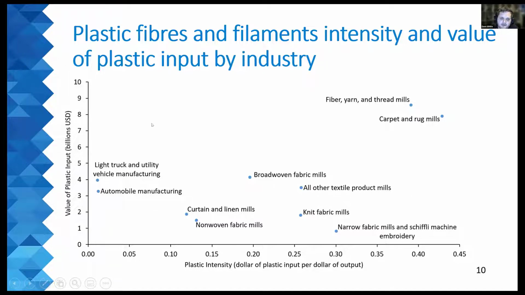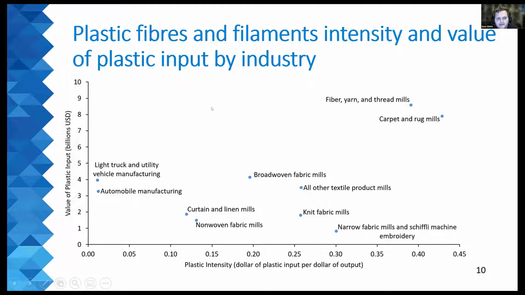This graph shows the 5 highest value of plastic input industries and the 5 highest plastic intensive industries for plastic fibers and filaments, and offers an idea of the most efficient industries for policymakers and consumers to target if they want to reduce plastic fibers and filaments in the environment.